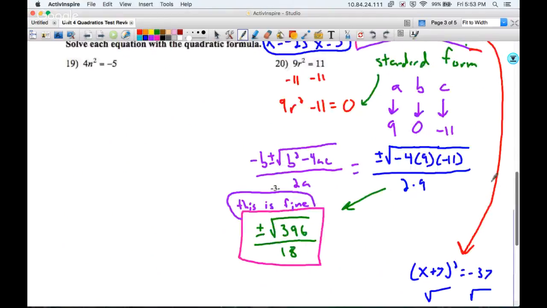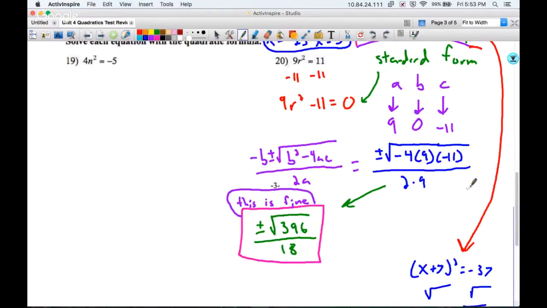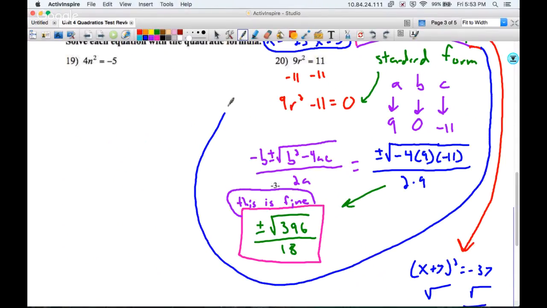All right, one more quadratic formula. I'll add 5. 4n squared plus 5 equals 0. A equals 4, B equals 0, C equals 5.